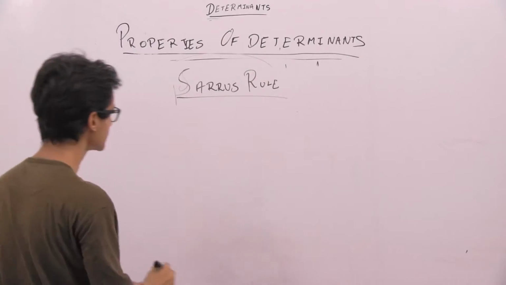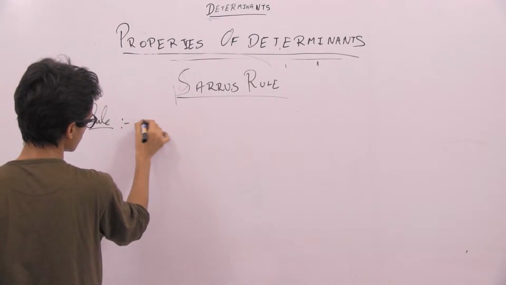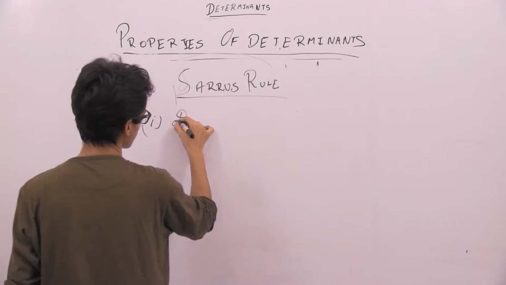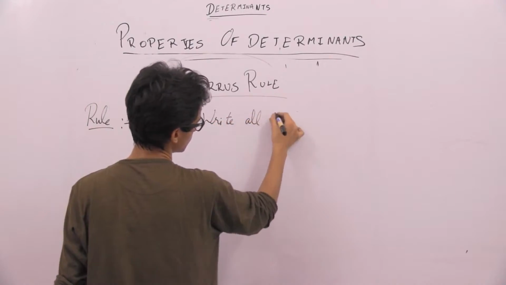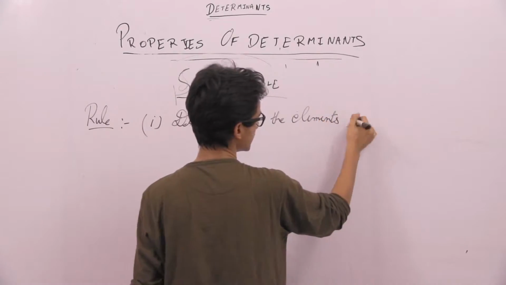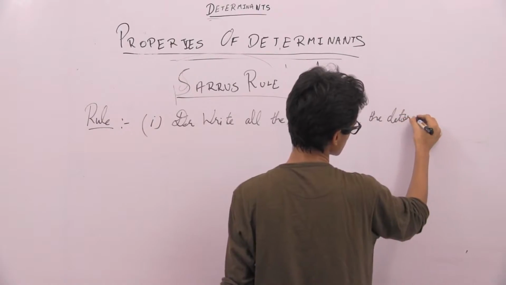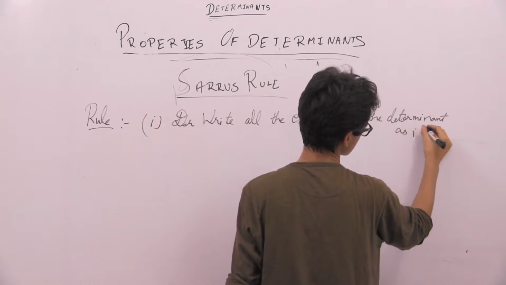So defining this rule, what we can say, this rule says that first write all the elements of the determinant as it is.